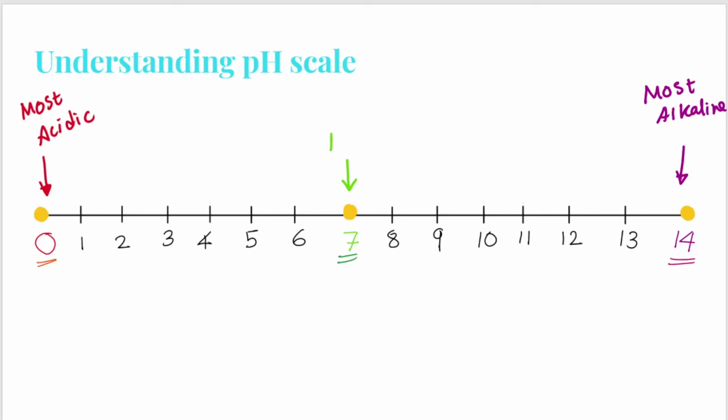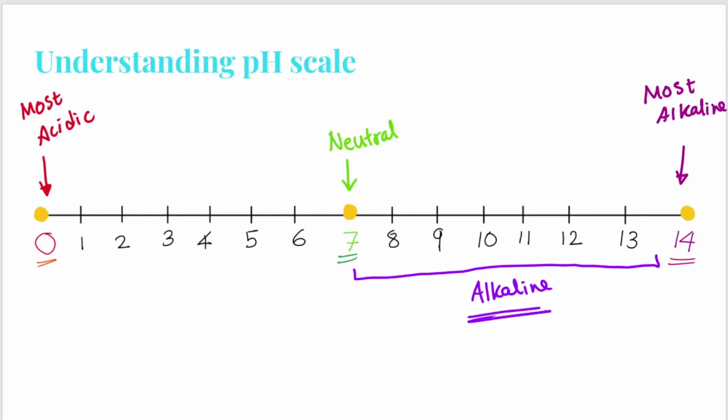It represents neutral solutions. And we must know that any number on the right of 7 represents alkaline solutions, or greater alkalinity, and any number on the left of 7 represents acidic solutions.